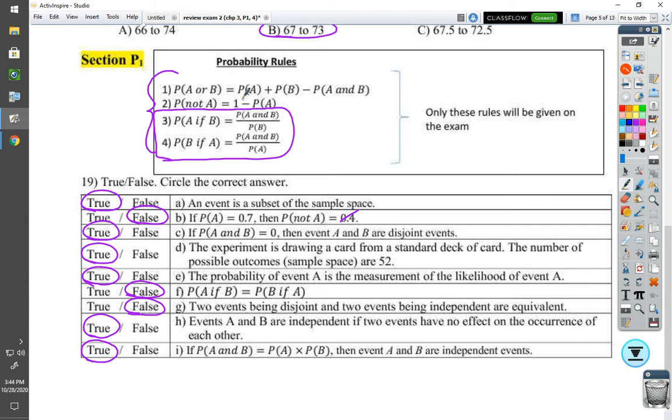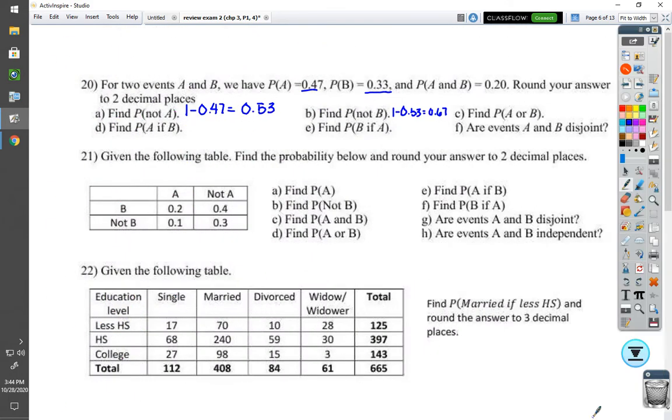For A or B, we take the probability of A and the probability of B, and we subtract A and B. So the probability of A is 0.47, plus the probability of B, 0.33, subtract the probability of A and B, which is 0.2. 0.47 plus 0.33 is 0.80, minus 0.2 gives 0.60 or 60%.